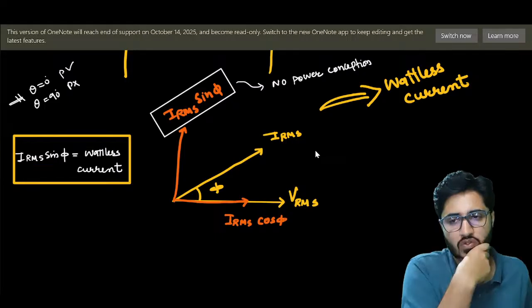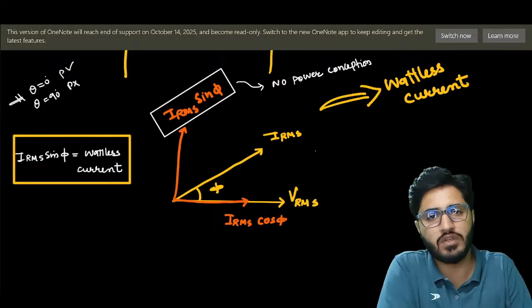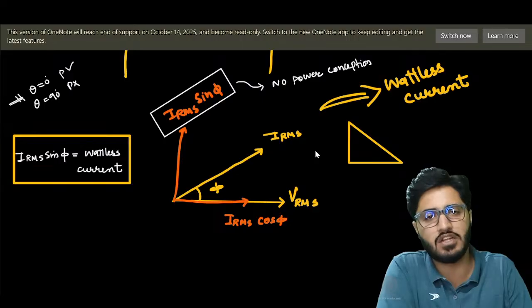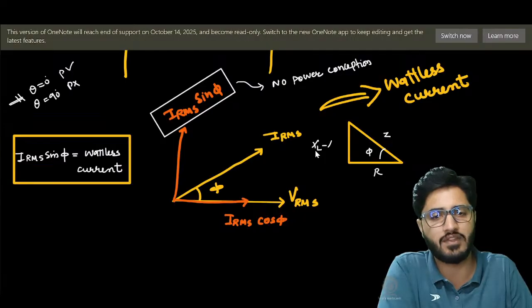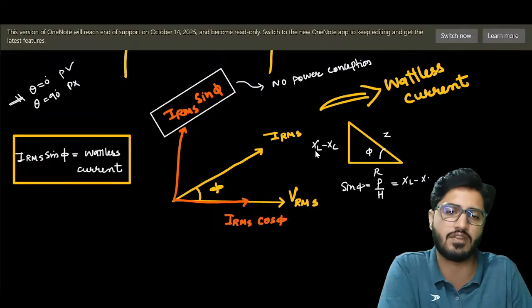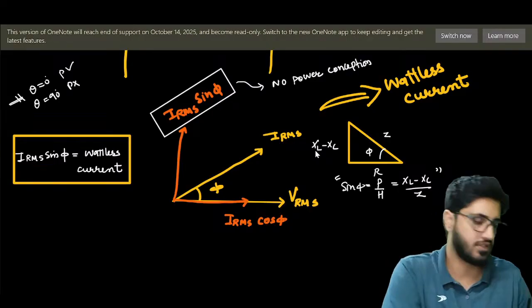If you need to remember the sine one, we know the impedance triangle very well. This triangle is all about phi, Z, and XL minus XC. So you can write sine phi equals P by H, P is XL minus XC, H is Z. This thing you need to remember.